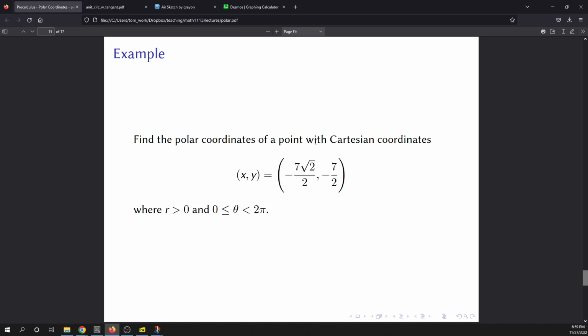It says find the polar coordinates of a point with Cartesian coordinates minus 7 square root 2 over 2, minus 7 halves, where r is greater than 0 and theta is in between 0 and 2 pi. So this tells you that you're going to pick the positive value for r, and you want a theta between 0 and 2 pi. That will give you a unique value if you impose these additional restrictions.